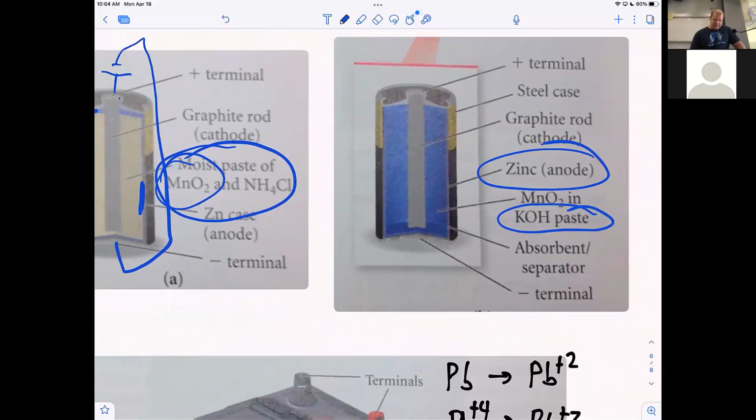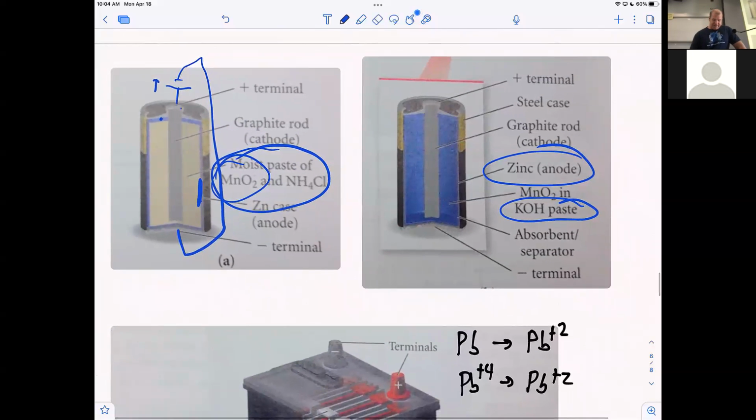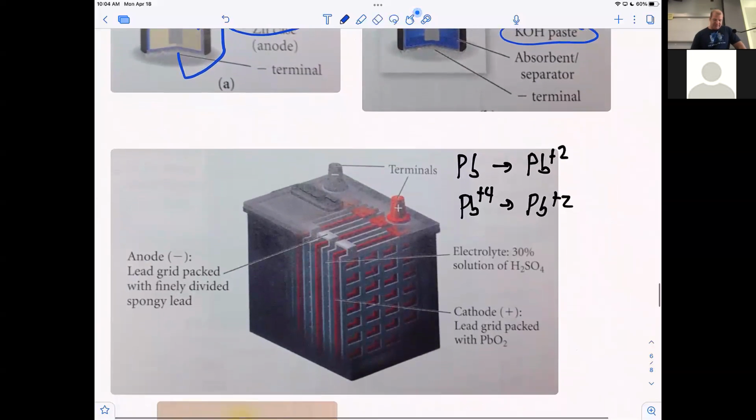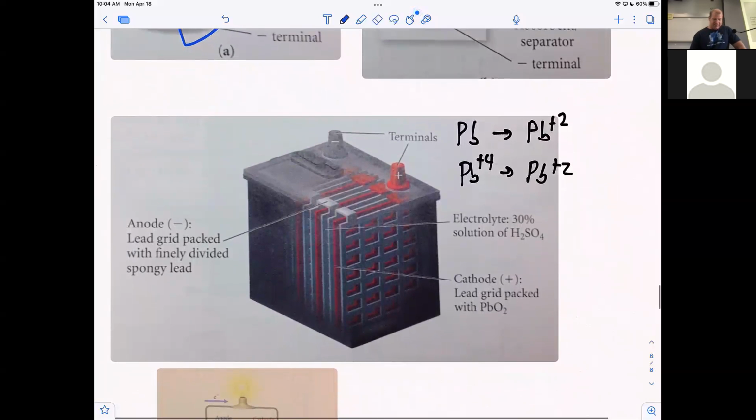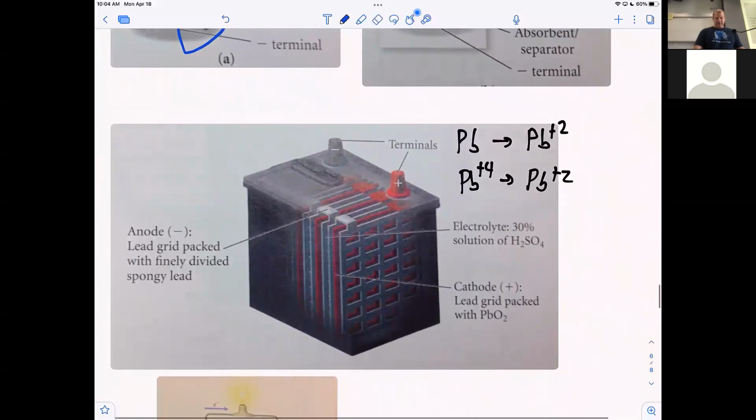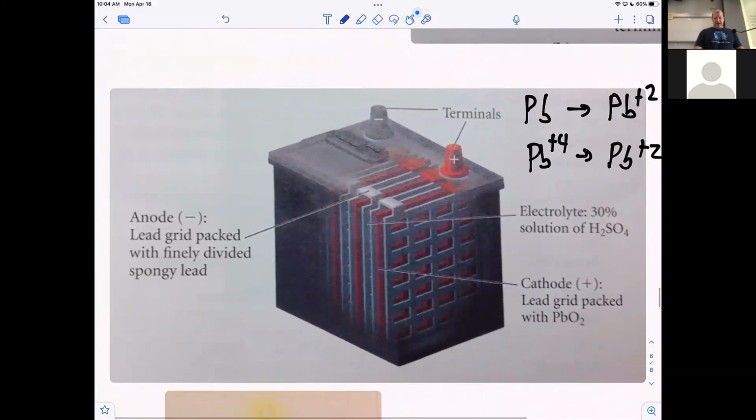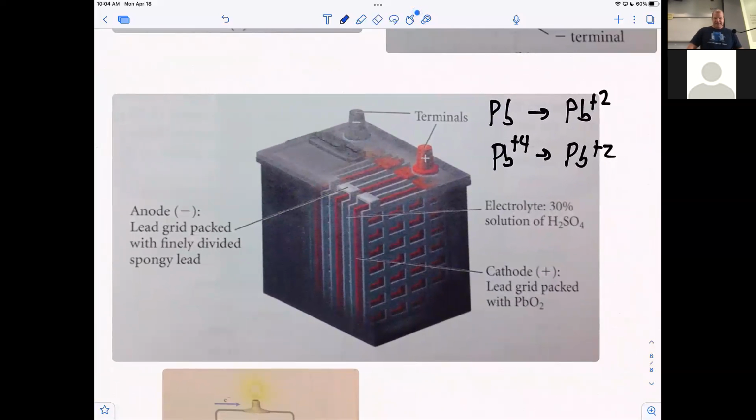So they're not very rechargeable. And we have other types of rechargeable batteries, and one specifically that we use quite a bit is a car battery. I use my car very frequently, and its primary power source is the internal combustion engine.